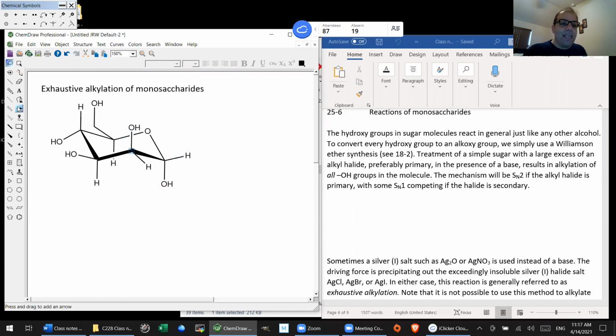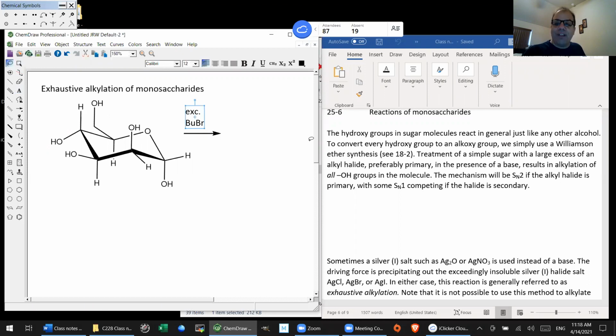So it is fairly straightforward to put alkyl groups on all of the OHs. And the way you would do that is with an excess of some alkyl halide, preferably primary. So let's say that we treated this with an excess of 1-bromobutane. I go Bu-Br for 1-bromobutane, Bu for the n-butyl group.